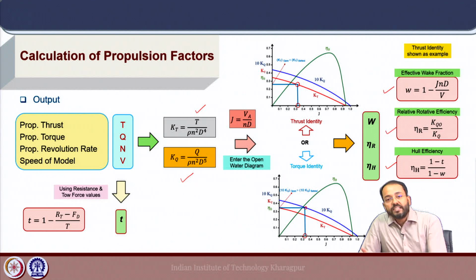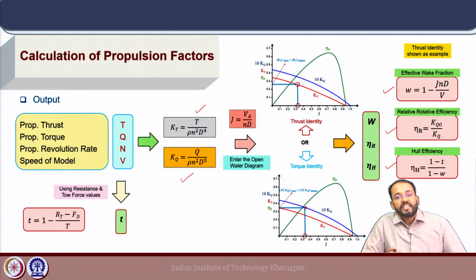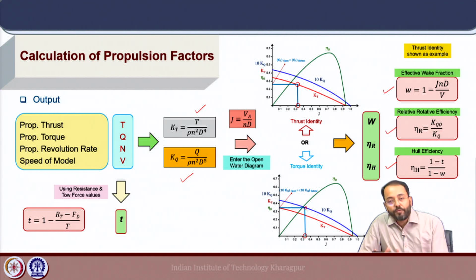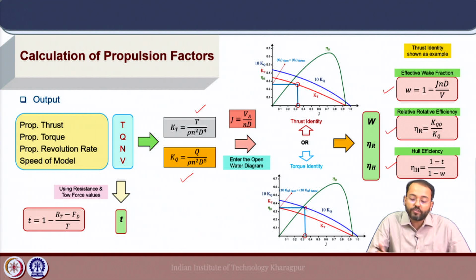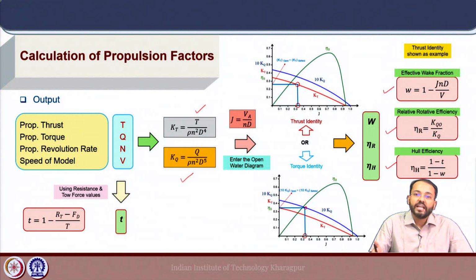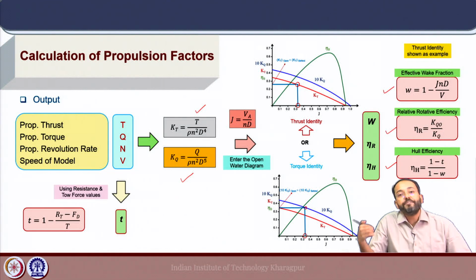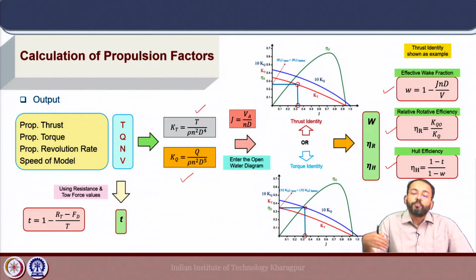We use the values of self propulsion tests and combine them with the open water test values. So, we enter using thrust and torque identity as just shown, and we get the effective wake fraction, which is a representation of the velocity of advance of the propeller when it operates behind the ship hull.